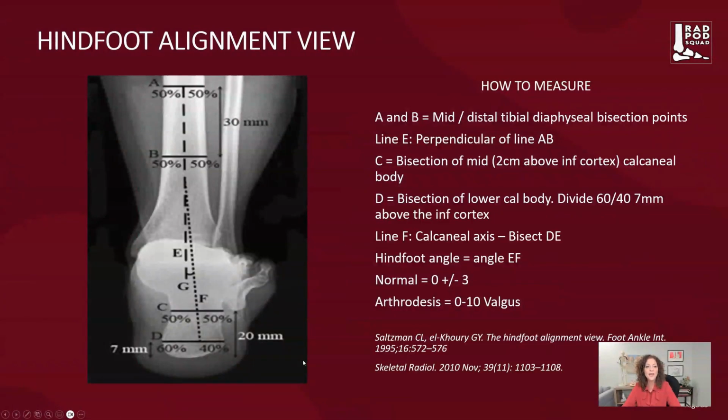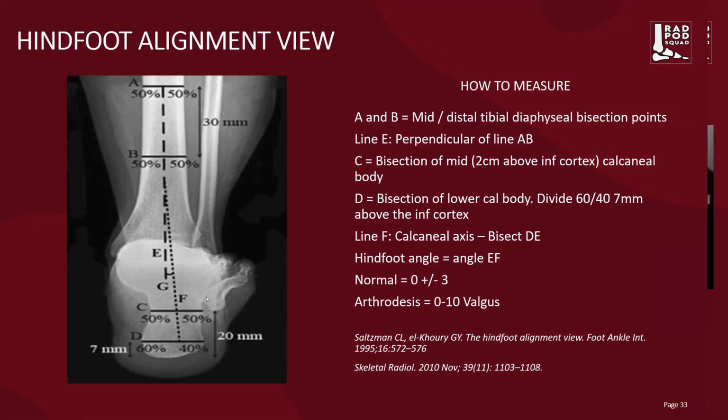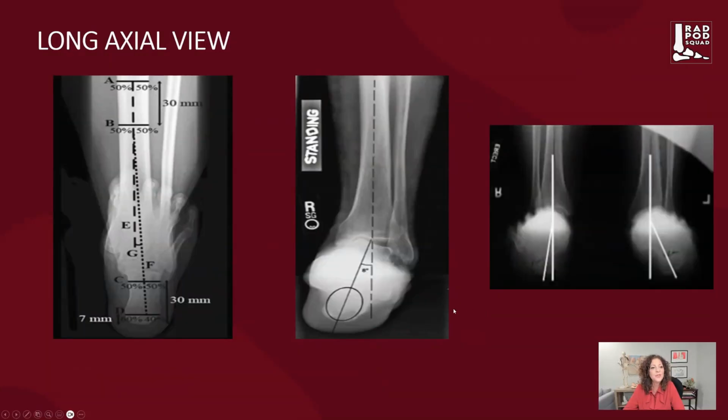Looking at the hindfoot alignment view and being able to say whether there's varus or valgus are denoted by these angles where we have the tibia and the calcaneus. What we're noticing is that as we bisect the tibia, this calcaneus is moving slightly towards the fibula in the normal position. In looking at the application for the long axial view, in looking at the bisection of the tibia relative to the calcaneal vector, we can see that as we move towards the medial axis, this is a situation of varus angulation.